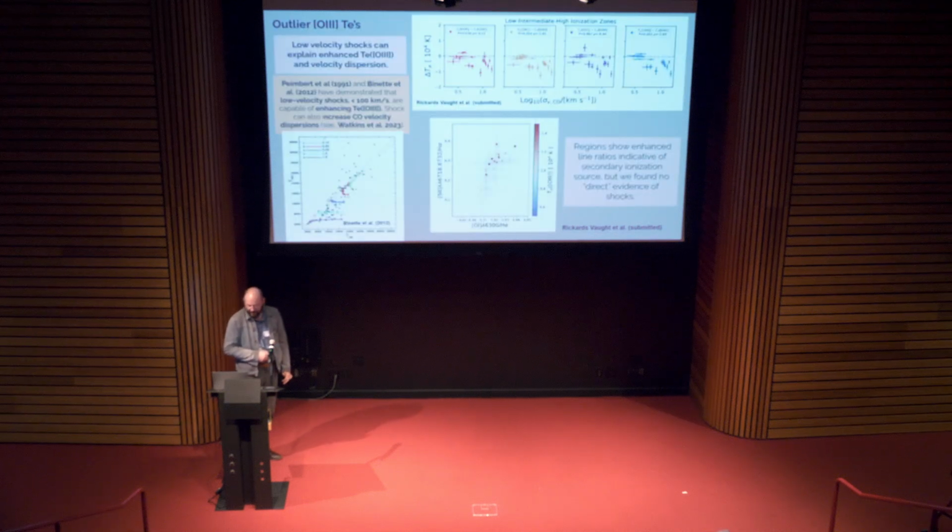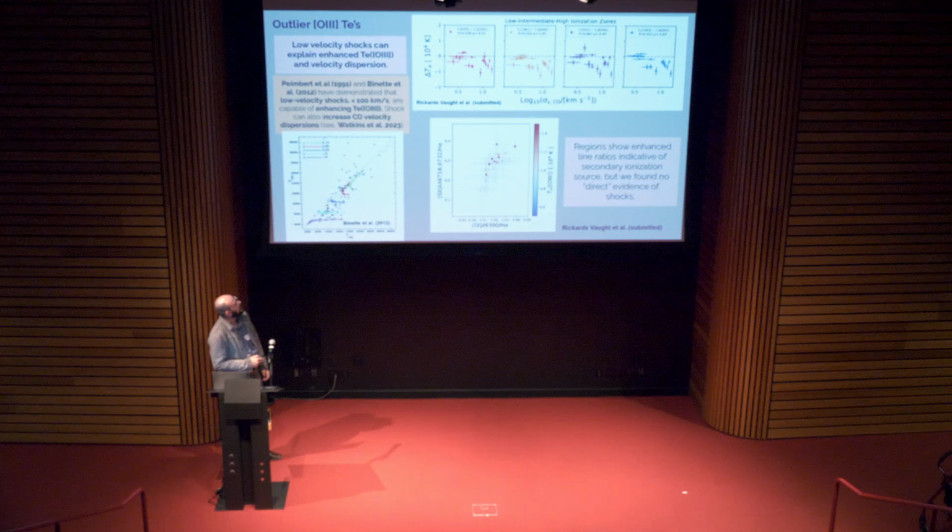Finally, I want to get to some really hot O3 temperatures that we measured. We compared these temperature differences to another property, the velocity dispersion for CO gas measured from ALMA data for these galaxies. And we see that the regions with the highest temperature differences tend to have slightly higher, or more enhanced, CO velocity dispersion.